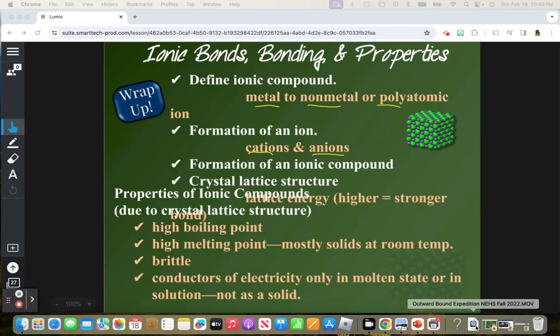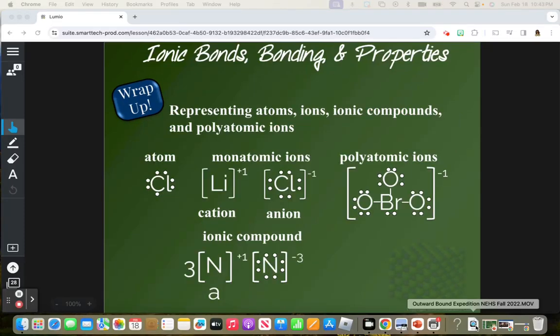They make ionic compounds, which are crystal lattice structures, and the properties of that are having high boiling and melting points, brittle, good conductors of electricity when molten or in solution, but not as a solid. And we also looked at the representation of atoms, ions, and ionic compounds, along with some polyatomics. So that is the end of this lecture. Have a good one.